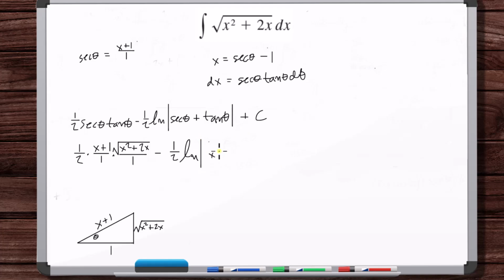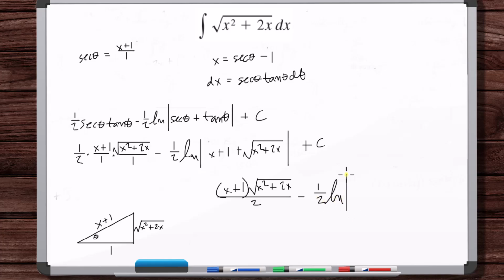Okay, secant theta, again, is x plus 1. And there we go. That is the integral.